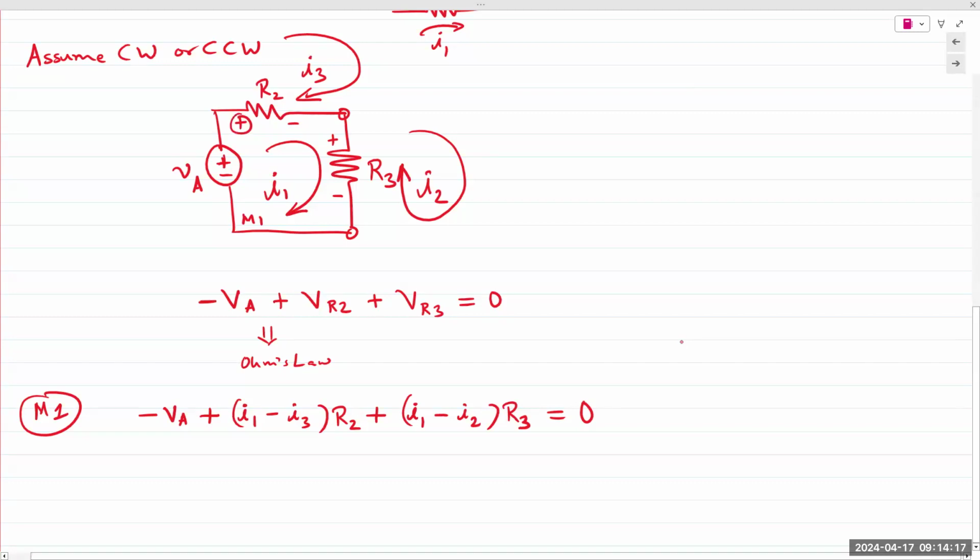So if I assume a clockwise direction and I sum up the KVL also in the same direction, then those voltages are positive. However, if you look at I2 and I3, let's take R3 first. So focus on R3. I2 and I1 are both clockwise, with the result being that I2 enters from the bottom. Point of entry is plus, point of exit is minus. This time, when I add the voltage for R3 due to I2, it will be negative. Does that make sense?